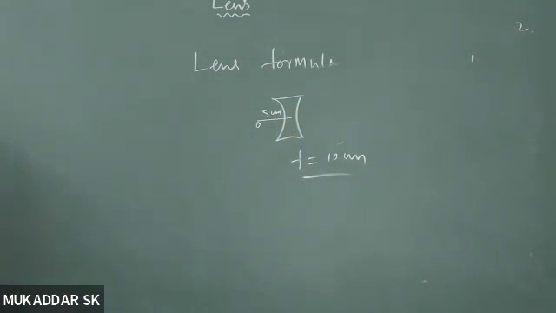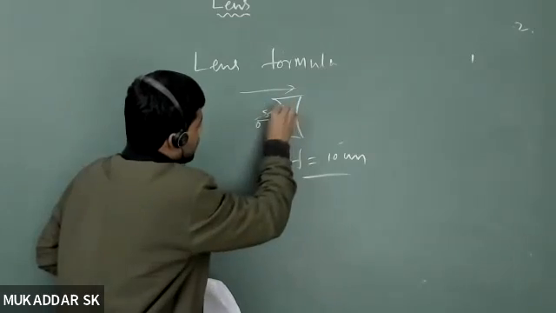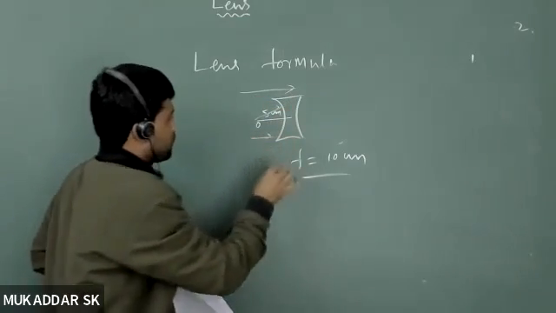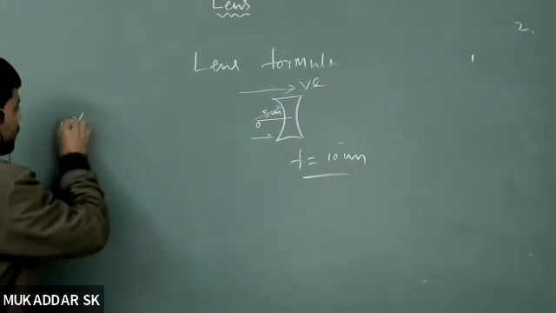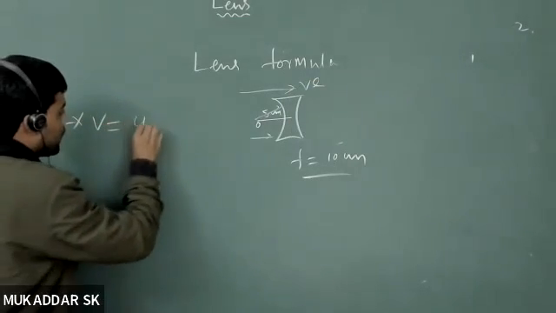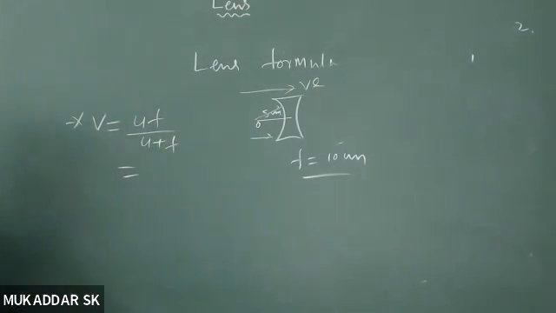Okay. Now you have to calculate the position of image. So obviously if you see, this direction is actually positive because ray will go like this. Now I have derived that V can be written as, if you remember, UF divided by U plus F. Now can you please tell me what will be the direction of U?